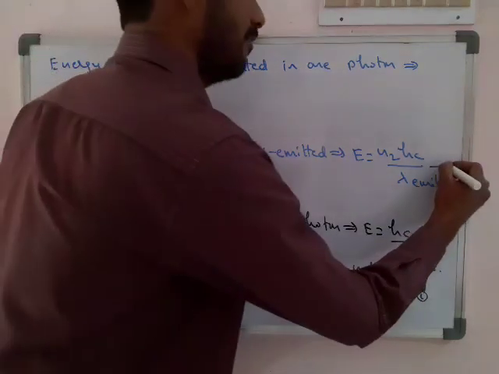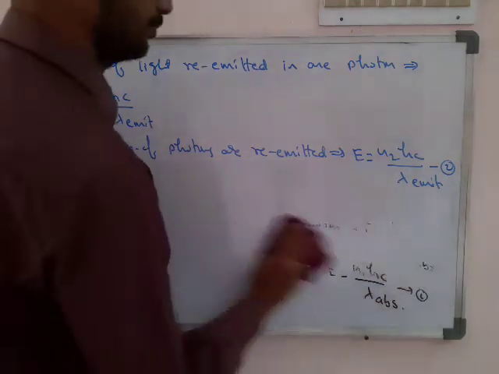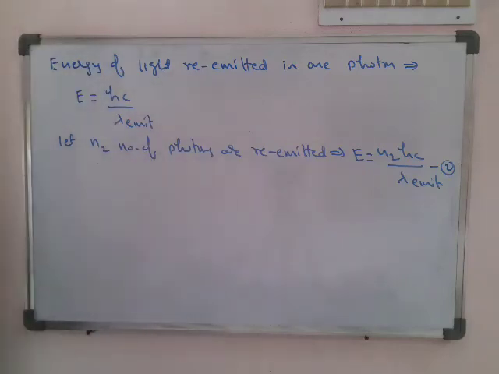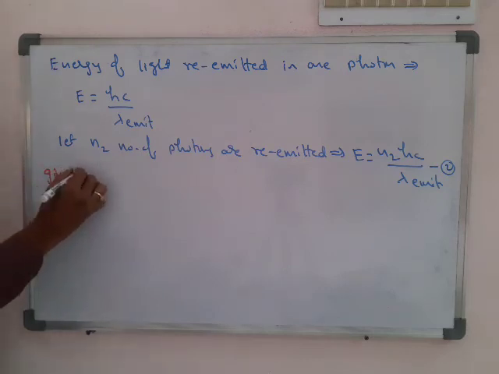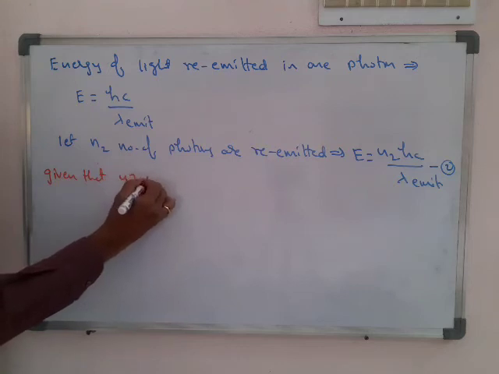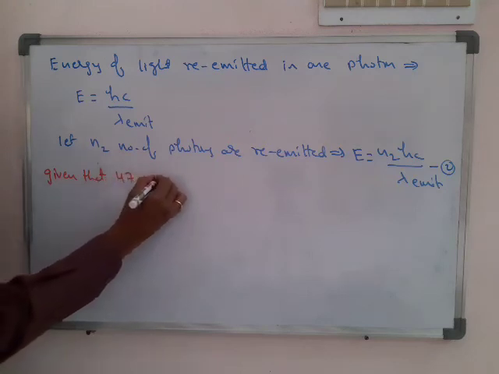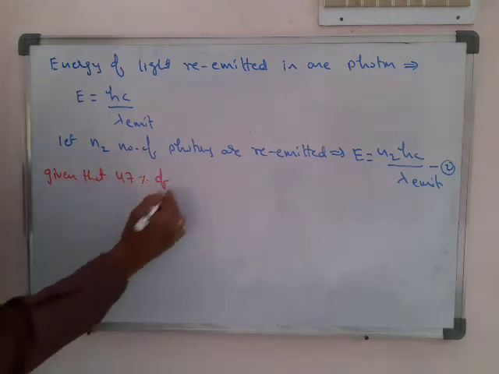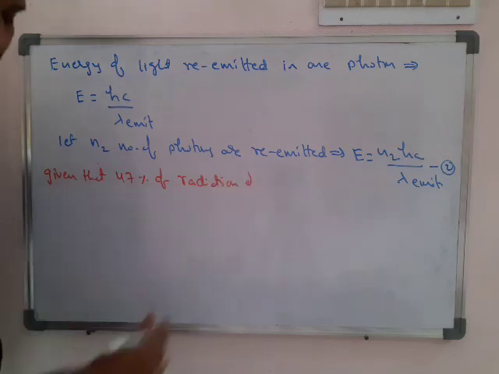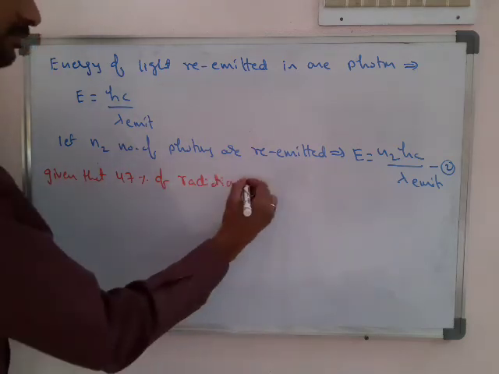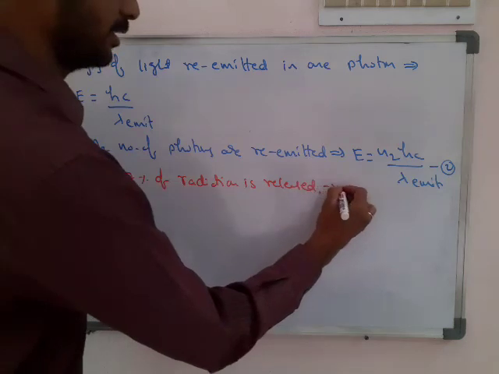With the help of the given information, we can write a statement that 47% of the radiation is released, which is nothing but re-emitted.